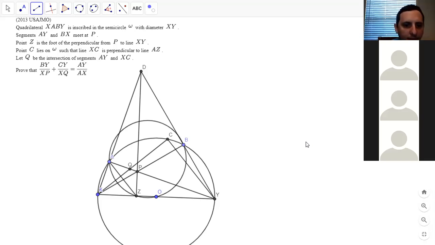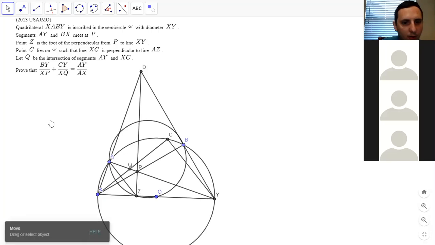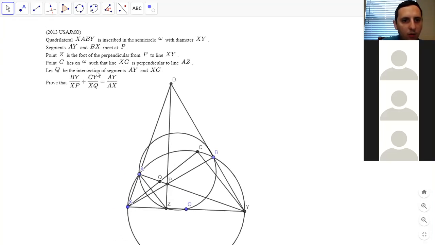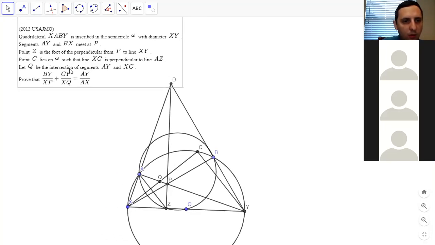What do we want to show? BX over XP plus CY over XQ. Yeah, so it's kind of random what they're asking to prove. It almost reminds me a little of Van Aubel's theorem. So BX over XP.